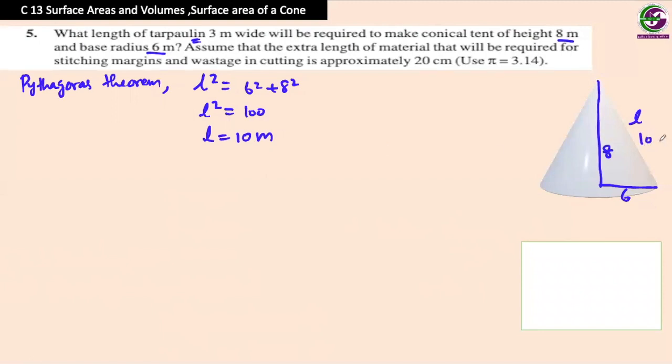So we have the details about the tent now. Now assume that the extra length of material that will be required for stitching margin and wastage in cutting is approximately 20 centimeters. So we have to consider extra 20 centimeters at the end.